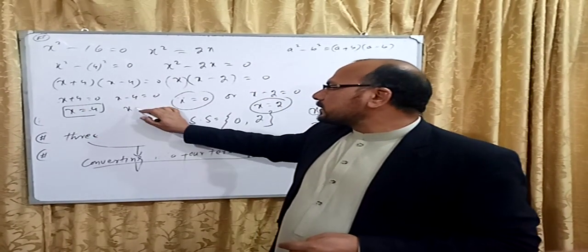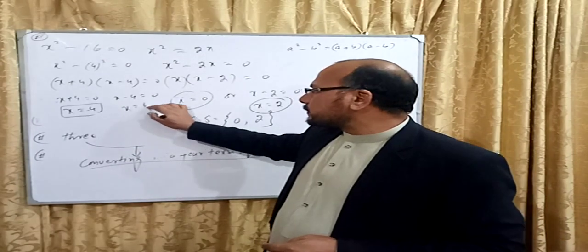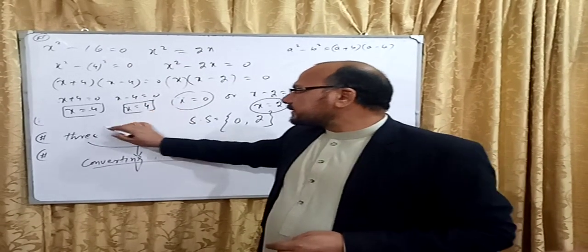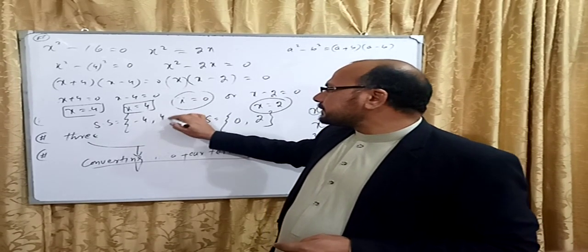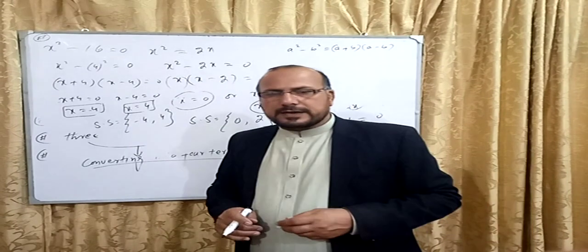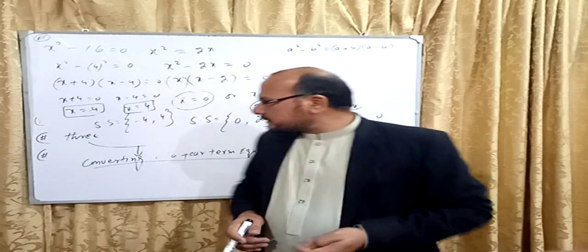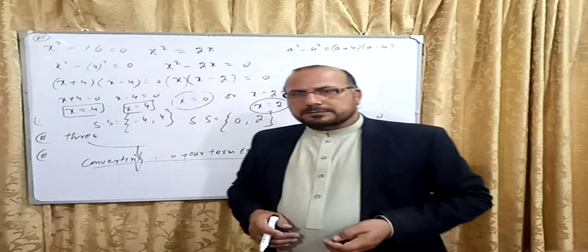And here also, if we shift minus 4 to the other side, it will become plus 4. So here we have another value. So the solution set will become minus 4 and plus 4. This will be the solution set. So this is the way that you can find the solution set by using the factorization method.